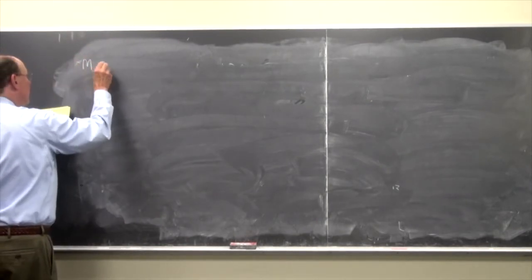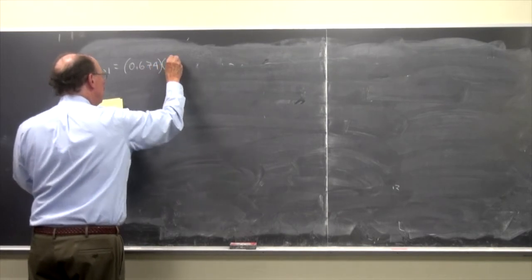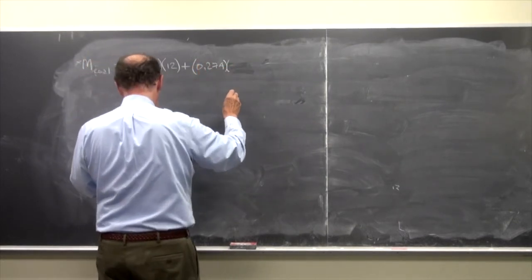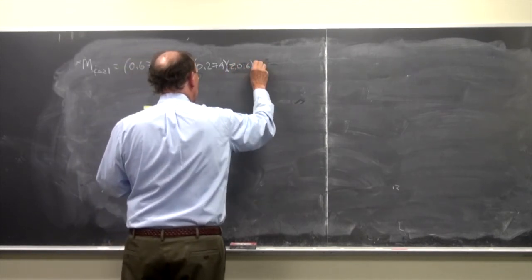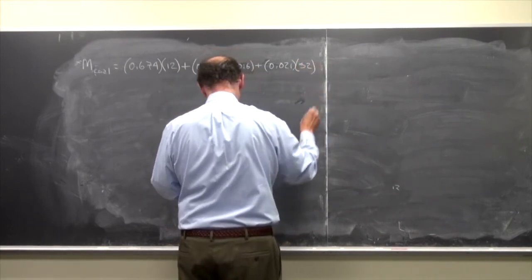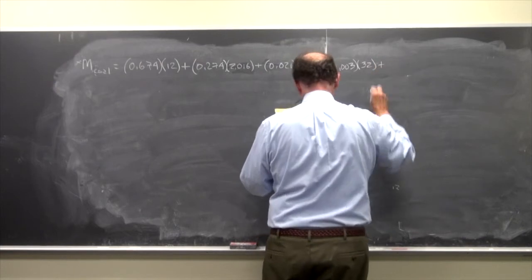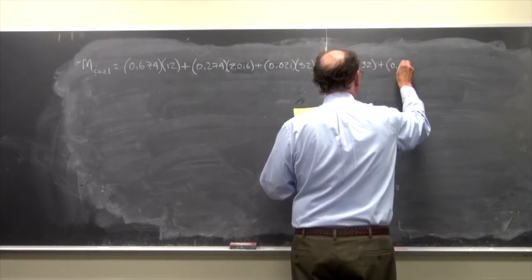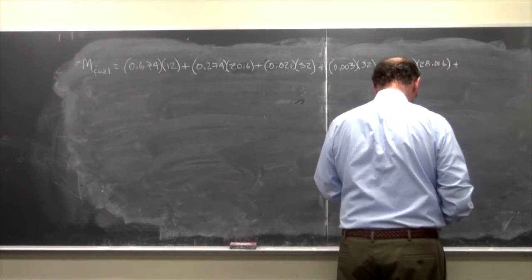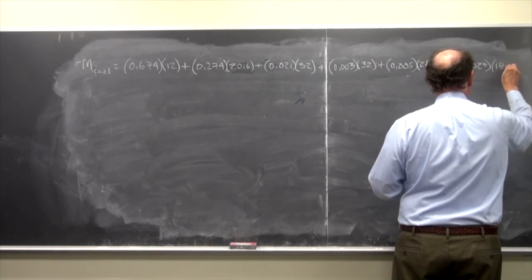So the molecular weight of the coal is equal to 0.674, the carbon, times 12, plus 0.274 times 2.016, plus 0.021 times 32, plus 0.003 times 32, plus 0.005 times 28.016, plus, lastly, 0.023 times 18.016.